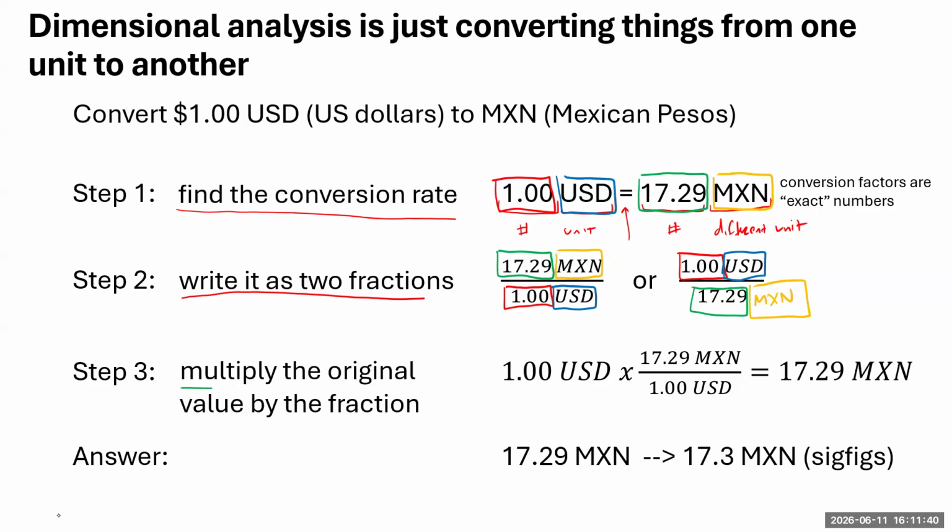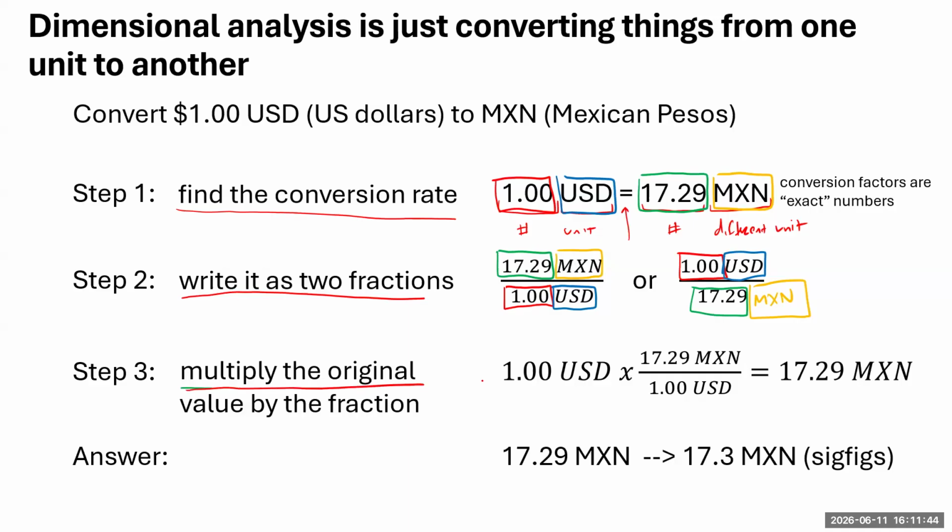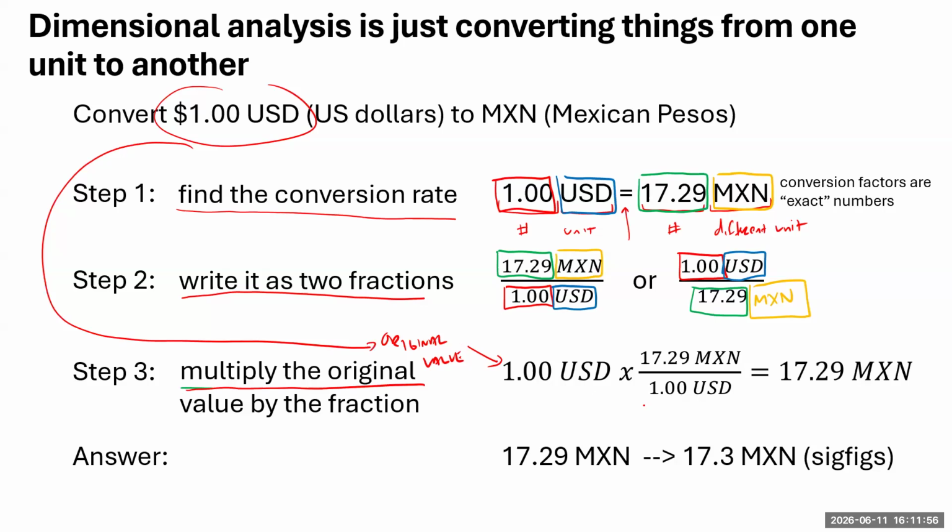Then we're going to multiply the original value by the fraction. This here was the original value, right? That was what we're trying to convert. We're multiplying it by the fraction. Now we have to figure out what fraction to use. We want to be able to cancel out the original unit, and to do that, we have to have the original unit on the bottom of the fraction.